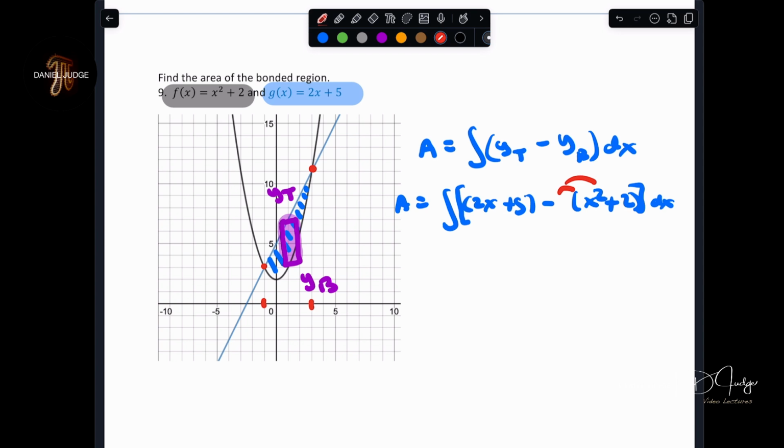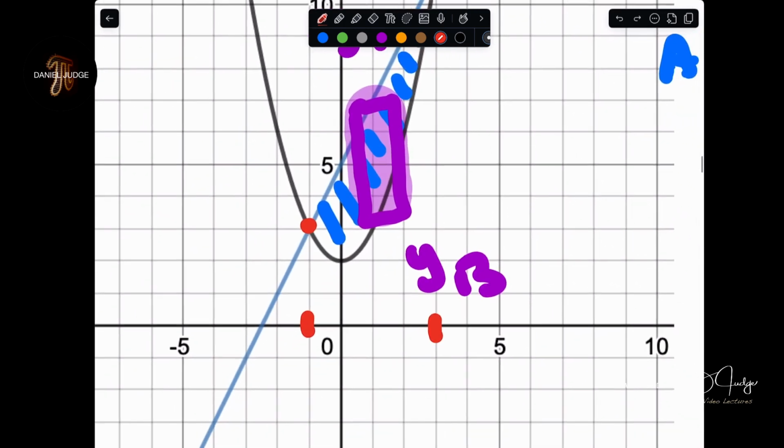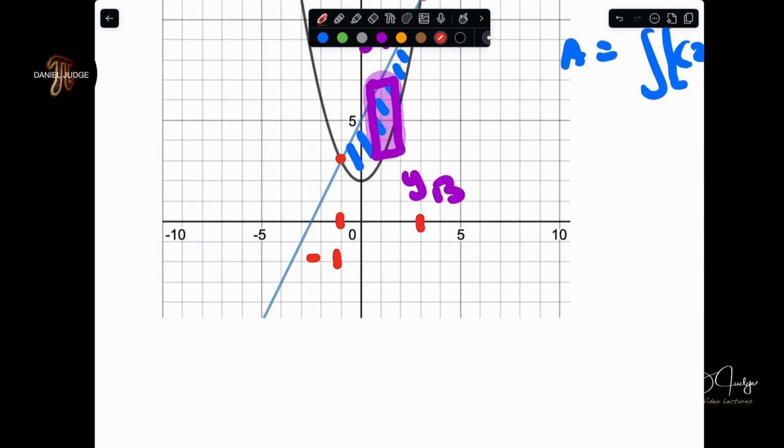So we need those values. Now, there's a couple of things I want to remind people about. Some of these questions are very nice. They're very nice because you can visually determine those points of intersection. For example, this is going from -1 up to 3.